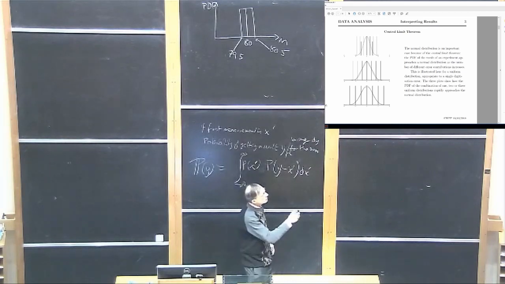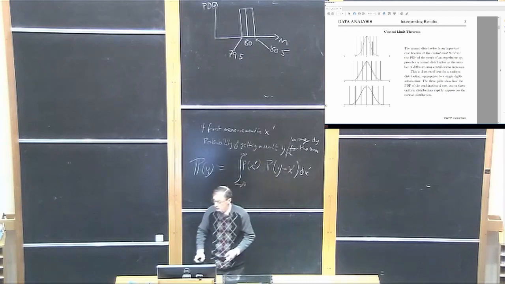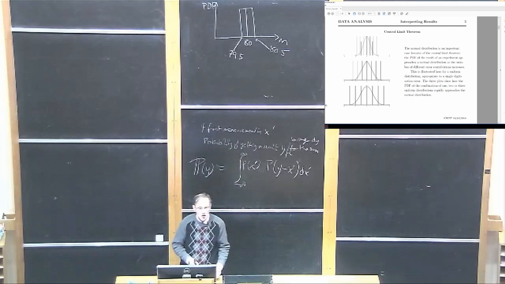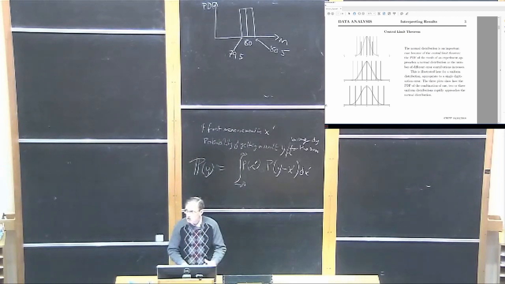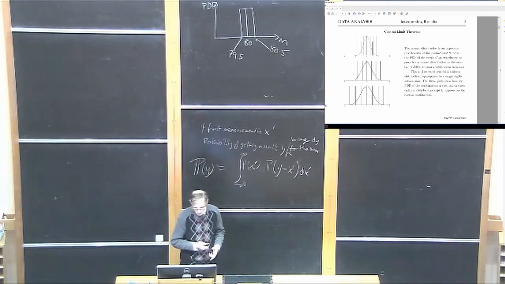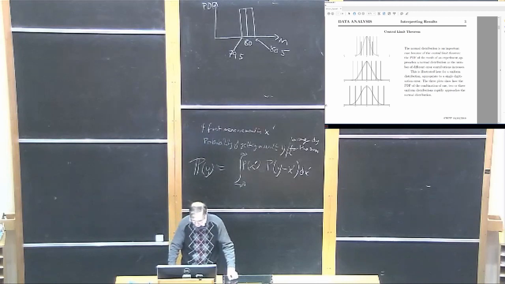In the central part of the distribution, it starts to look very like a normal distribution. So normal distributions are important not because they occur necessarily in any given measurement, but because the final result will involve the combination of many measurements, and the normal distribution is appropriate for those combined values.